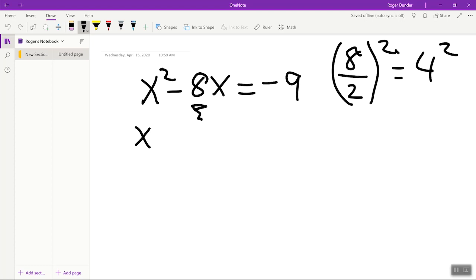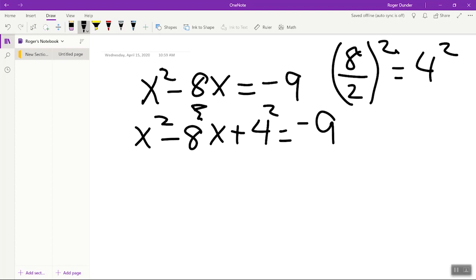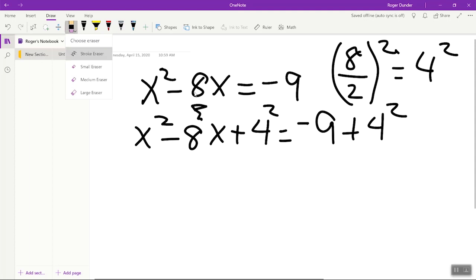So this becomes x squared minus 8x plus 4 squared equals negative 9 plus 4 squared. On the left now, we can factor nicely. This will work out really well. So let's go ahead and see if we can factor this now.